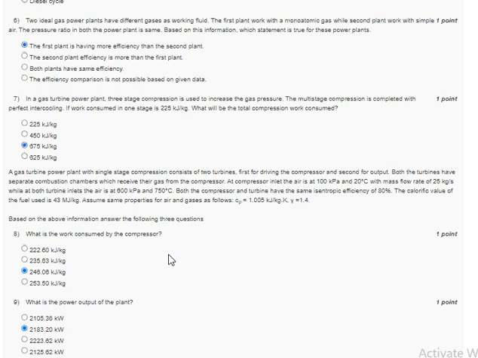So total compression work consumed will be equal to the number of stages into work in one stage. As the stages increase, the work is just adding. Okay? So first stage 225, second stage 225, and third stage 225. So the answer will be 675 kJ per kg.